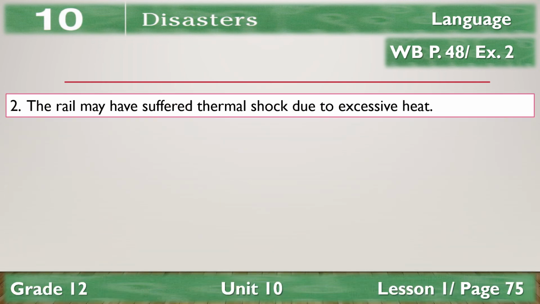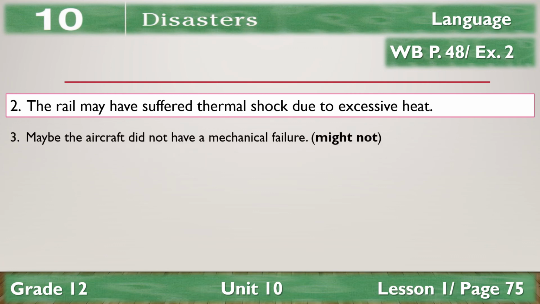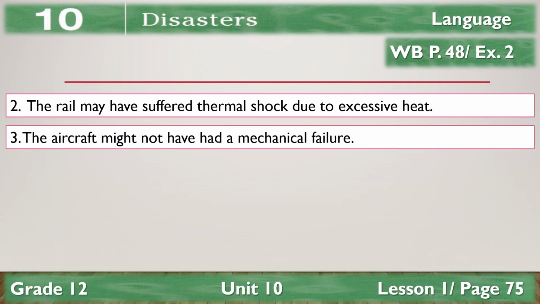The rail may have suffered thermal shock due to excessive heat. Number 3, maybe the aircraft didn't have a mechanical failure. We have to use may not. Possible answer: the aircraft might not have had a mechanical failure.